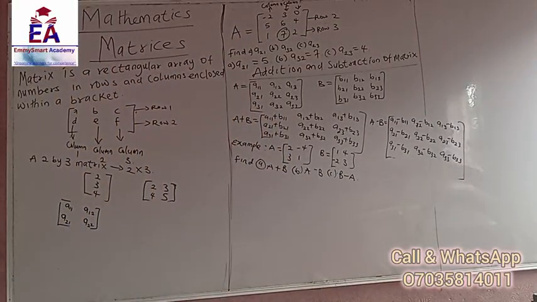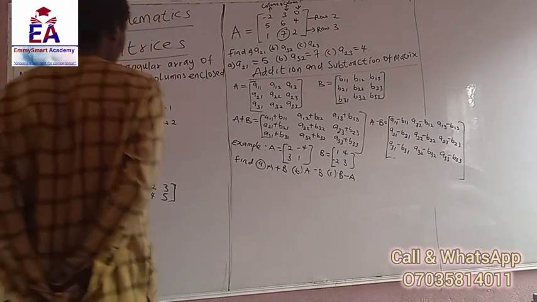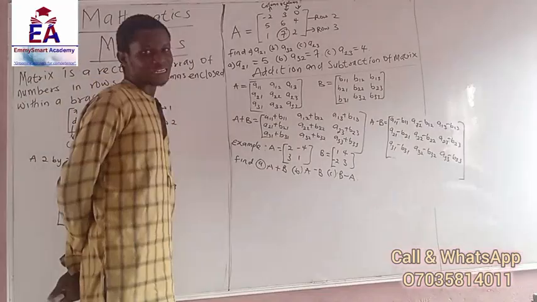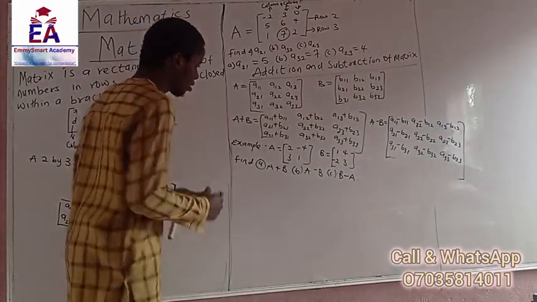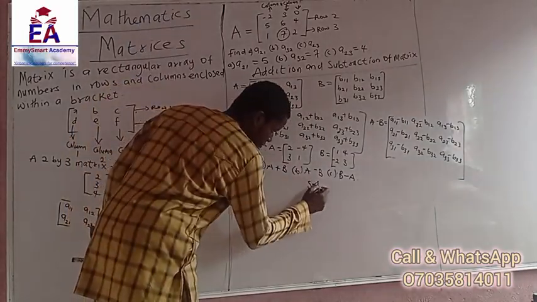If I perform this operation, A minus B and B minus A, will I come up with two different answers, or will I have the same answer? Okay, let's quickly dive into the solution.